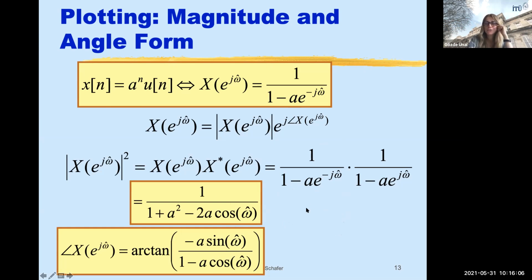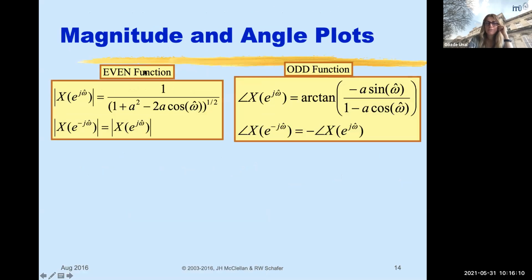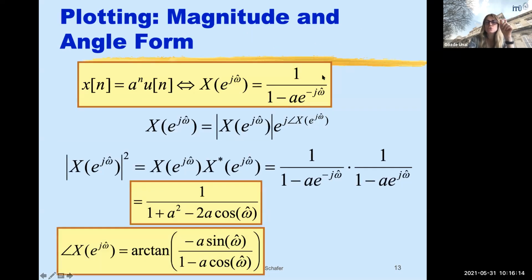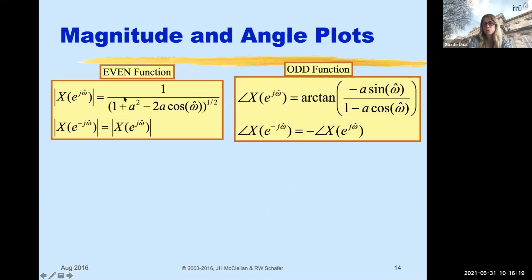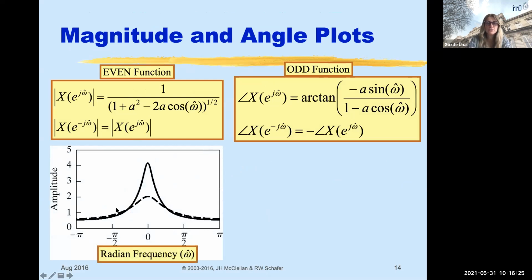Now we can plot these, magnitude and phase. We know magnitude is an even function, phase is an odd function, because the input is a real signal. We know this property of, again, the Fourier transform. So let's look at this plot. You see an even function.